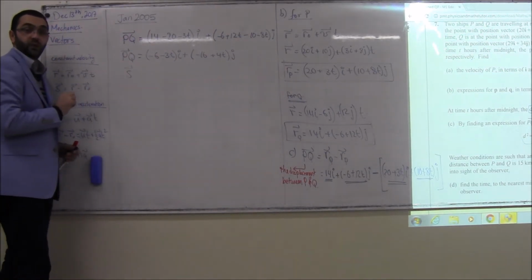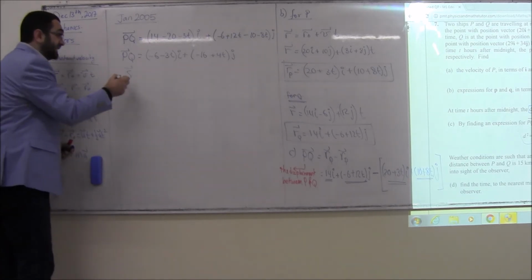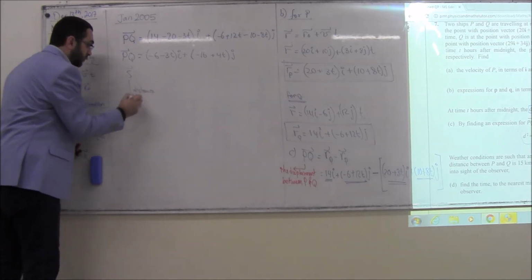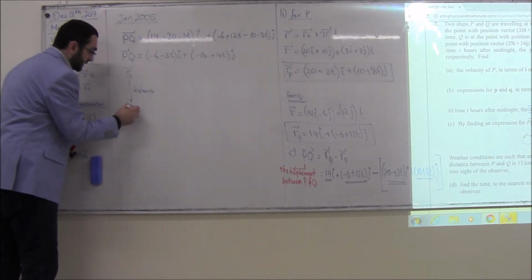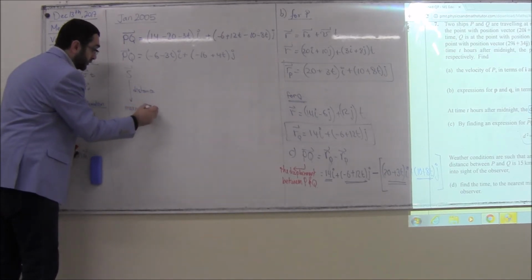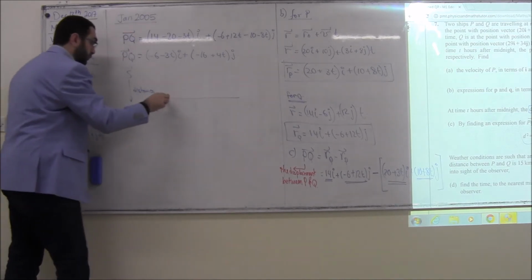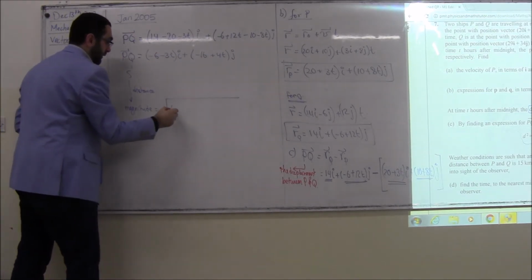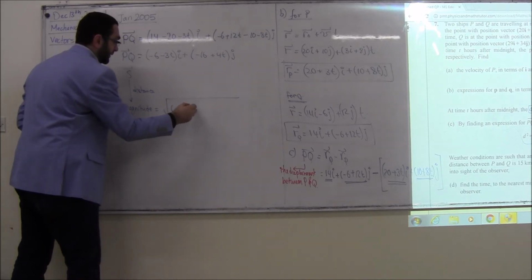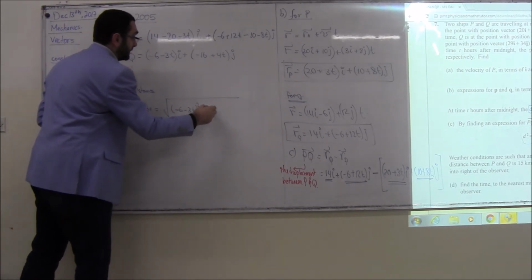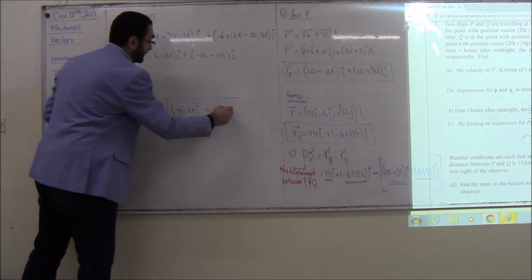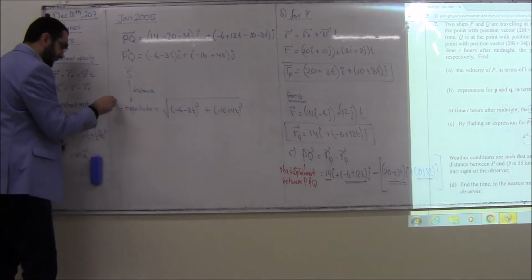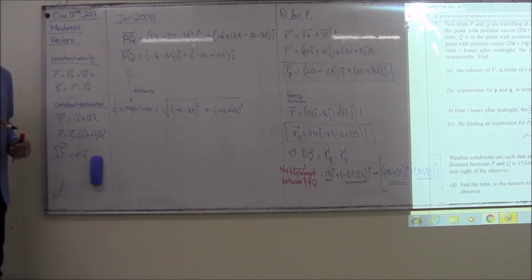Displacement, can't find magnitude. Right, excellent. To find distance, I have to find the magnitude: square root of the coefficient of I squared plus the coefficient of J squared. So d equals the square root of (minus 6 minus 3t) squared plus (minus 16 plus 4t) squared. This is d, the distance.